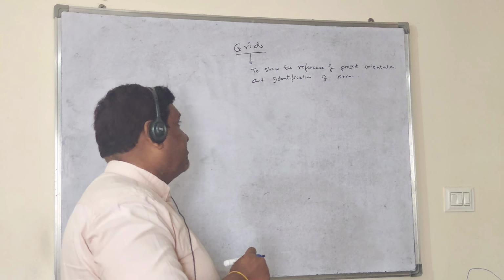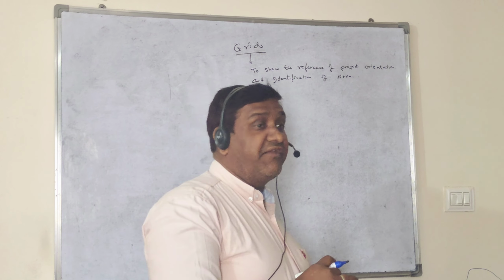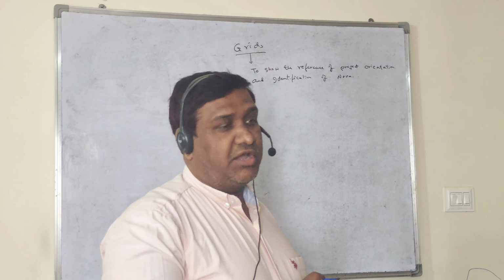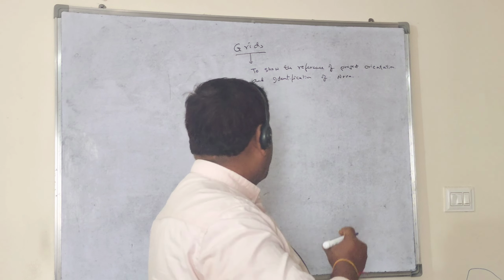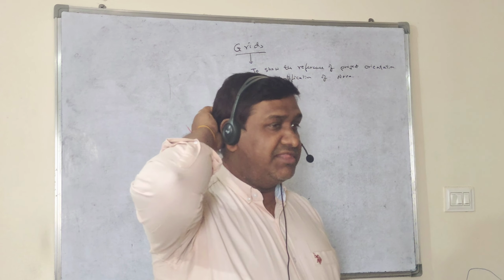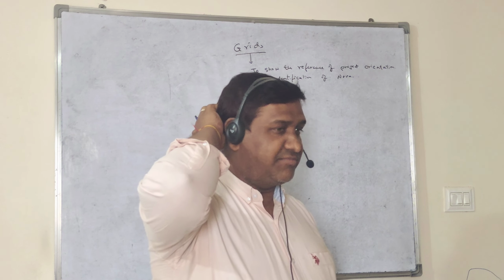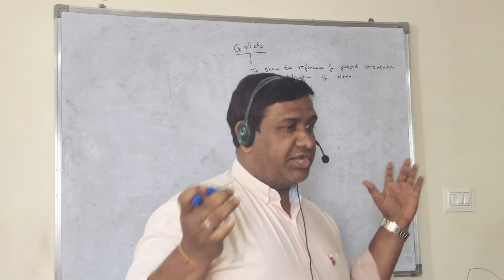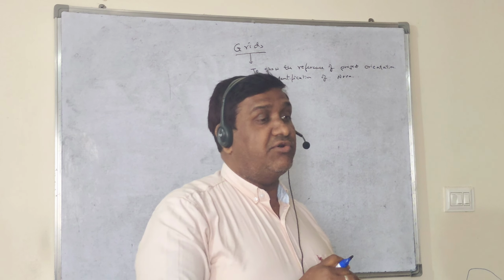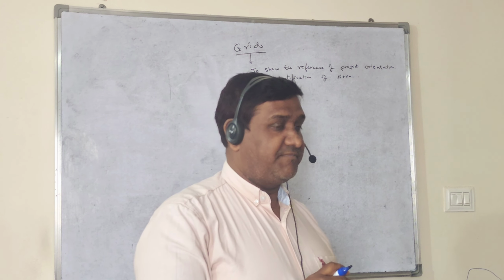Okay, so grid is very important because it is going to show you the reference of the project. And for identification of area, it means how much area your project is going to develop. That area is going to be shown by using grids.